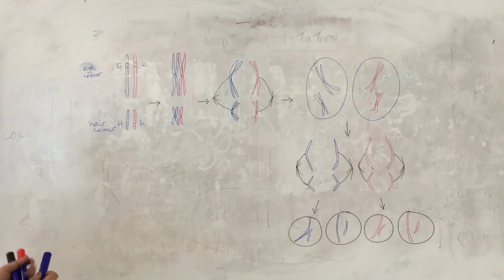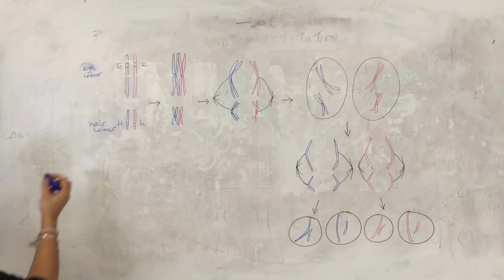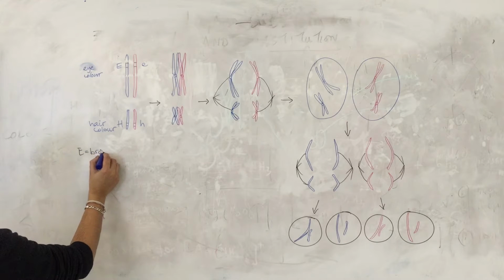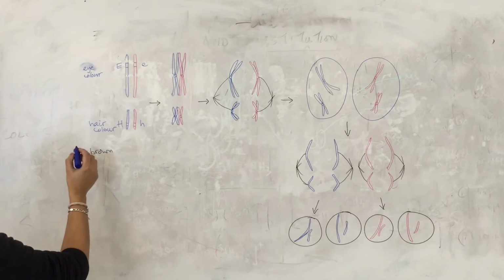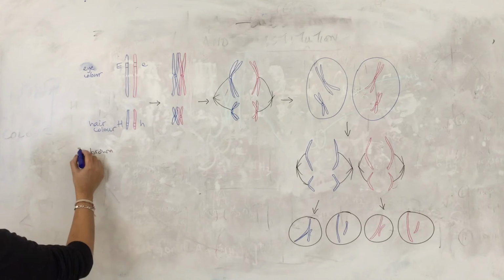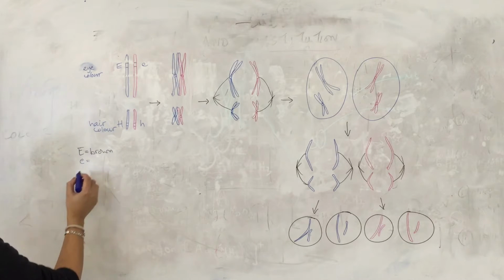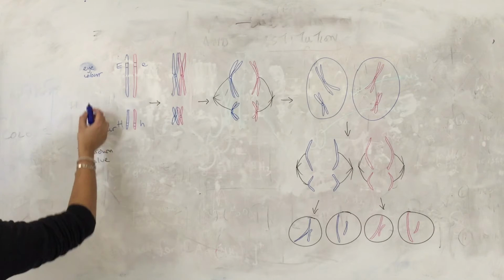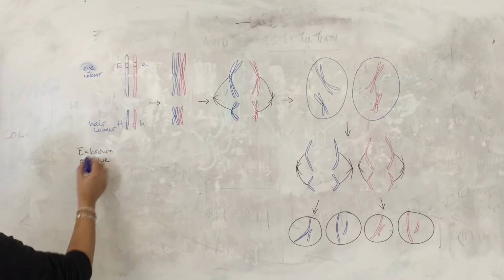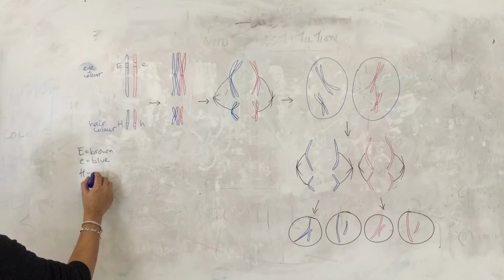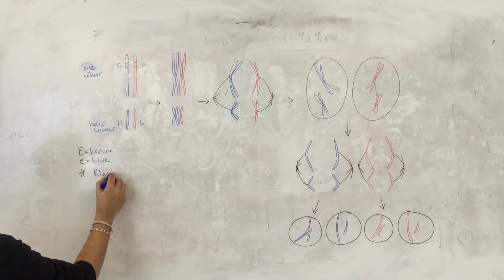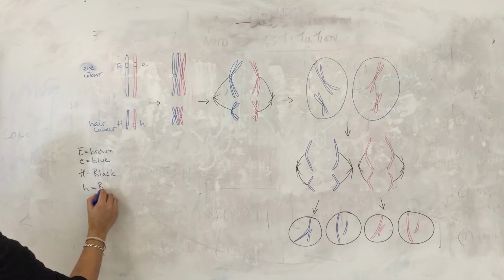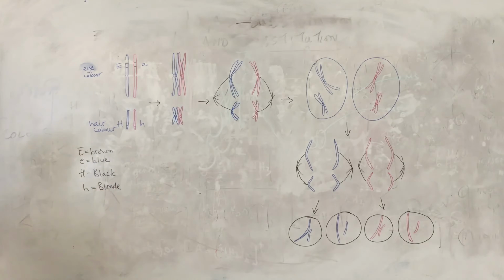And let's just set a few rules down. For the capital E, let's say that E is dominant and it gives you brown eyes, and little e is recessive and it gives you blue eyes. And with hair color, the capital H will be, say, black hair, and little h, recessive, blonde hair.